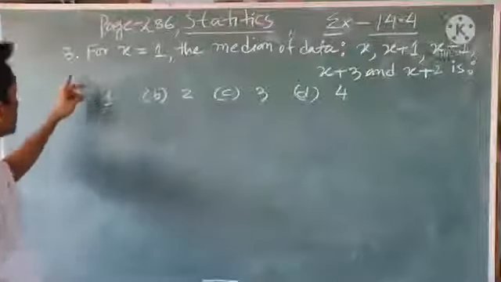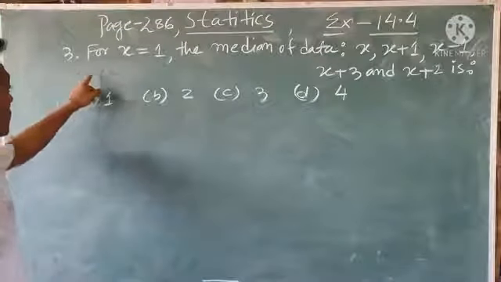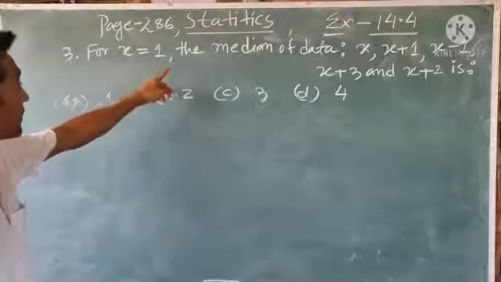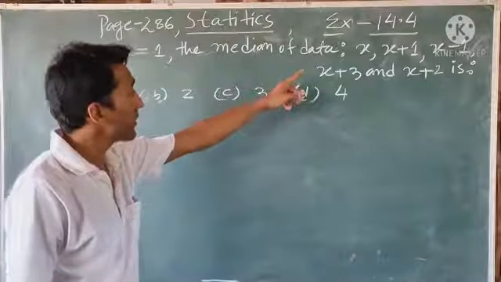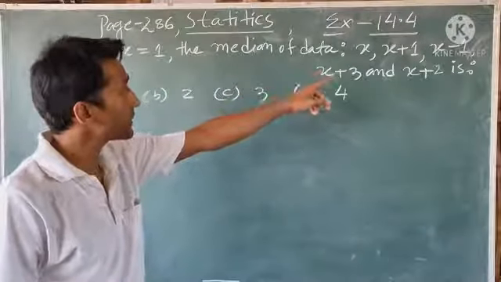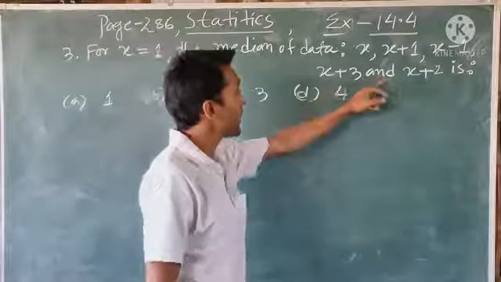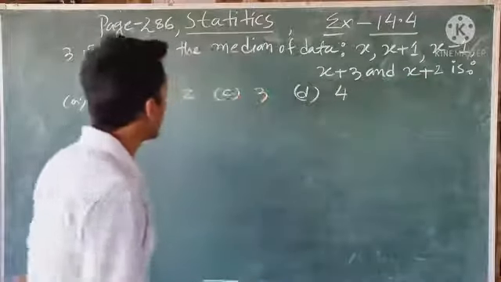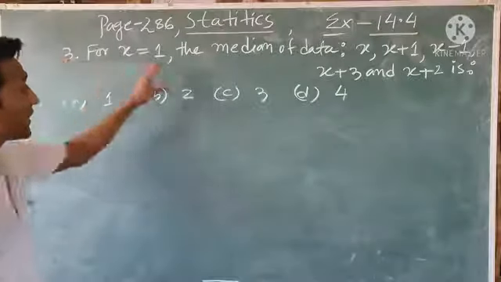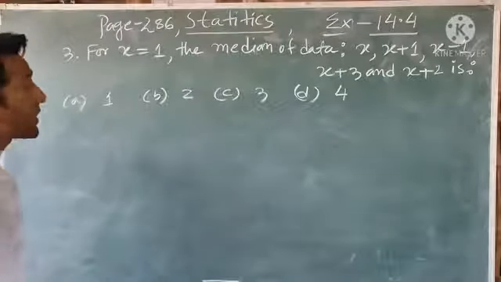Now you see the next one, 3. For x equal to 1, the median of data x, x plus 1, x minus 1, x plus 3 and x plus 2 is. So how can we find the median of this data?